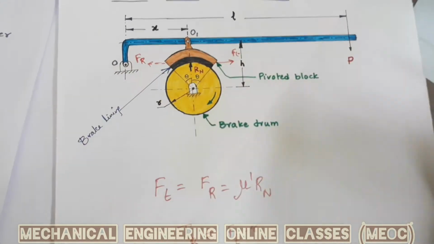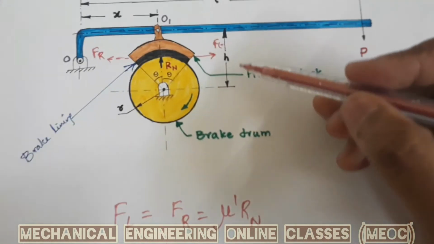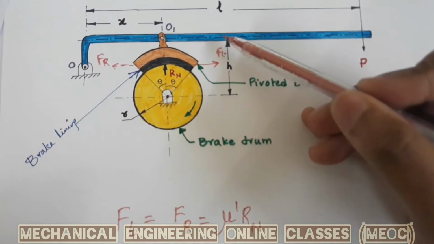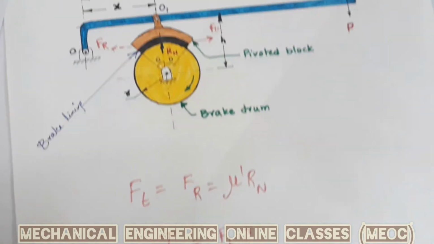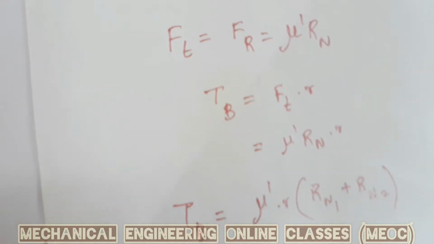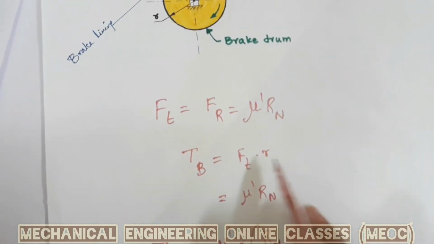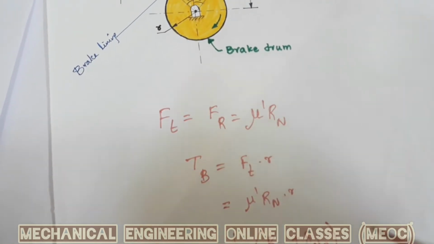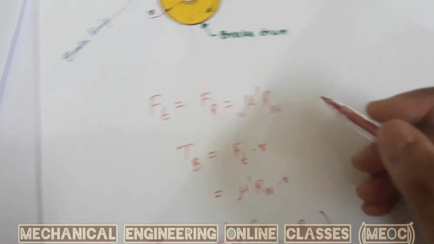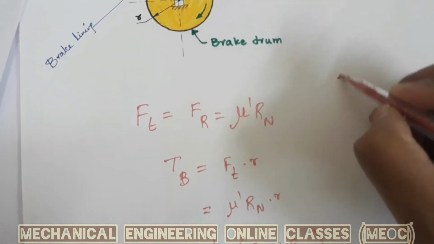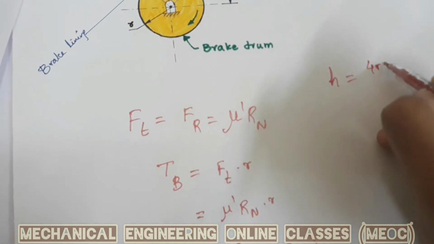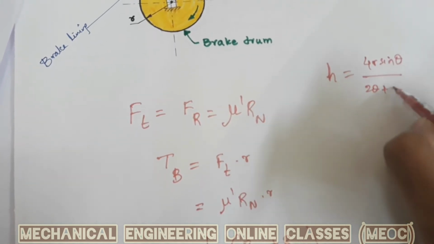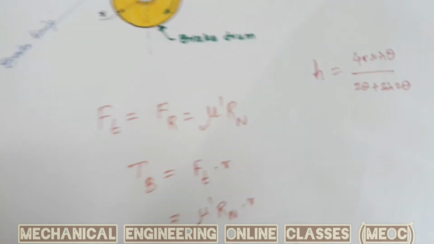Fr will be here, and if we want to use this dimension h, the distance from the center of the drum to the lever, in place of R, in that case the relation between h and R is just like the relation between mu and mu dash. So we can write h as 4r sin theta by 2 theta plus sin 2 theta.